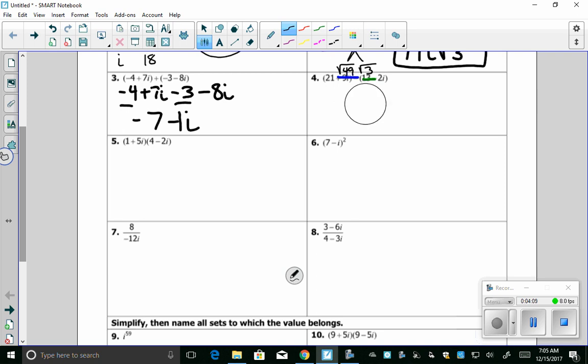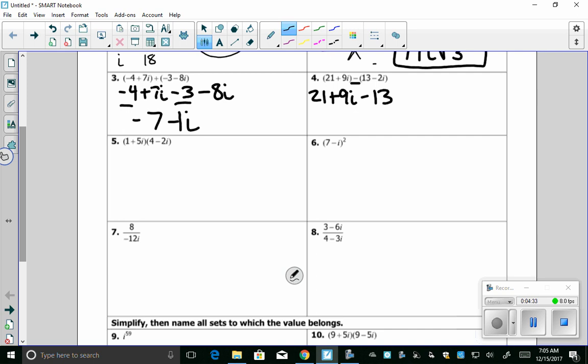Number 4. This time, instead of having a plus sign in the middle, we have a negative sign. So I have to distribute the negative. So I'm going to leave the first numbers the same, 21 plus 9i, and distribute the negative. So a negative 1 times a positive 13 gives me a negative 13.